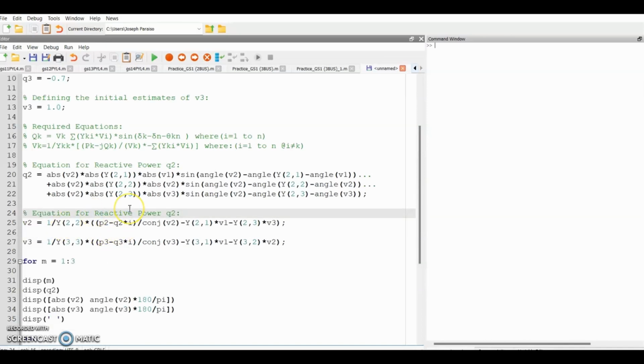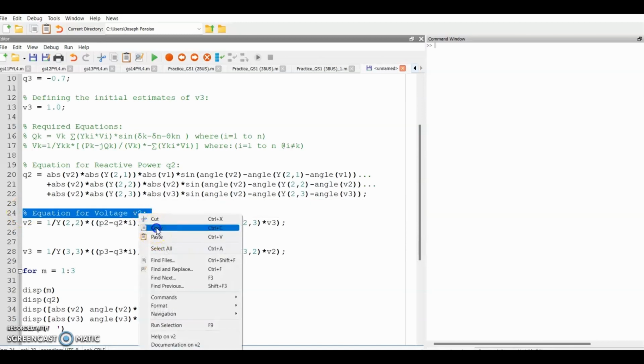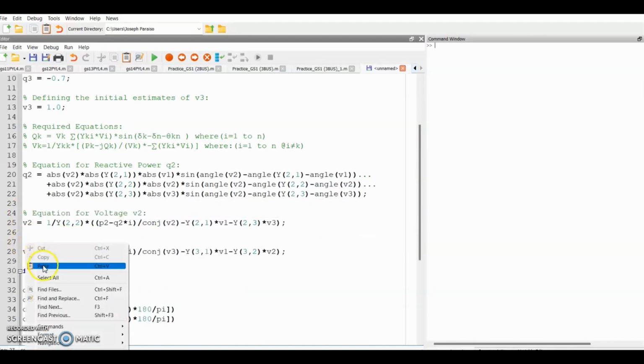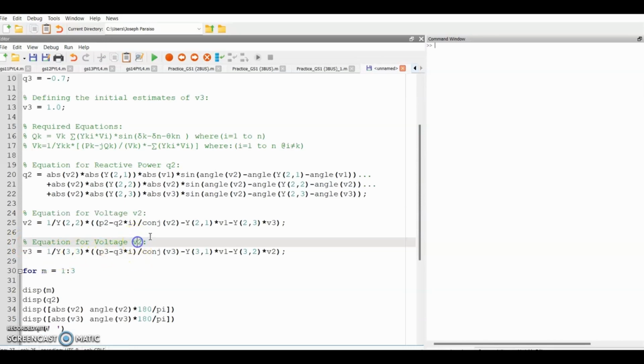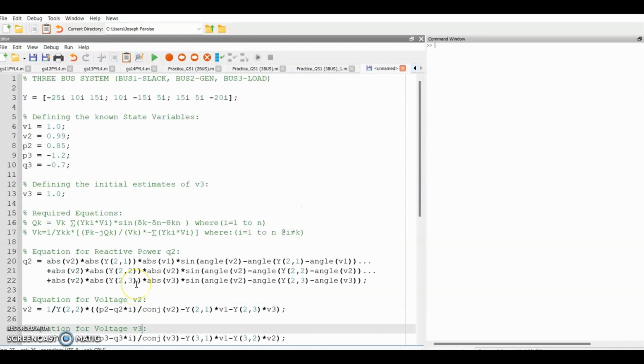Question for voltage V2. For voltage V3. So I think it will be completed.